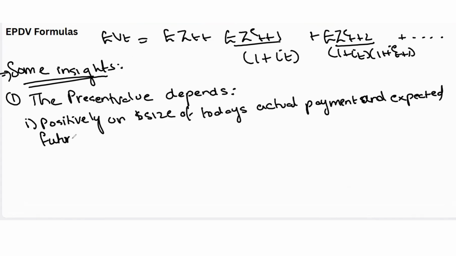The future payments are z^e_{t+1}, z^e_{t+2}, and so on.